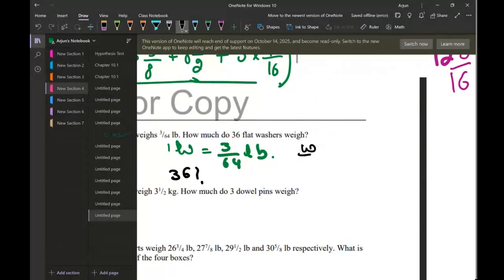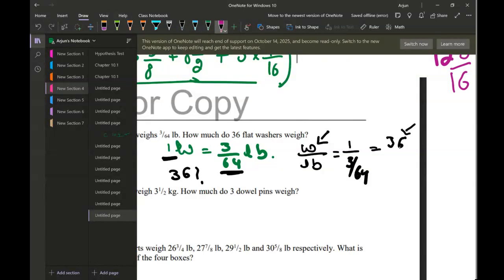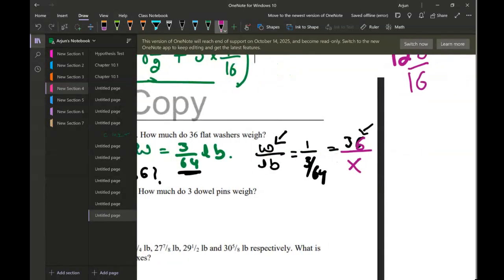So I will write washers over pounds. So 1 upon 3 over 64, sorry, on the other side I will write washers on top, because I put the washer on top. My apologies. This was 1 upon 3 over 64. That's what I should have written, because this is the pound, this is one washer. And then on the other side, 36 over x. And now I'm trying to find the value of x.